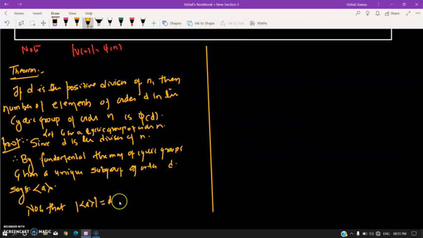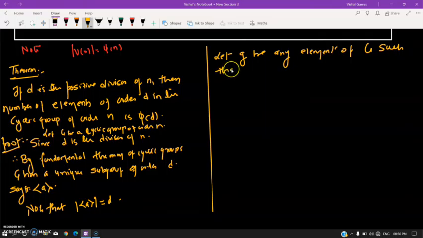So this is true. Now let g be any element of G such that the order of g is equal to d. I'm taking another element whose order is also d.